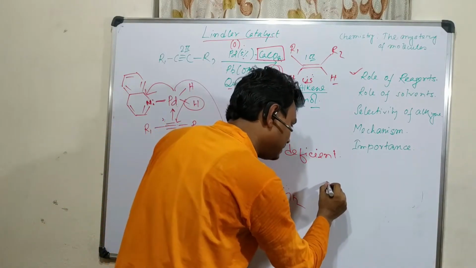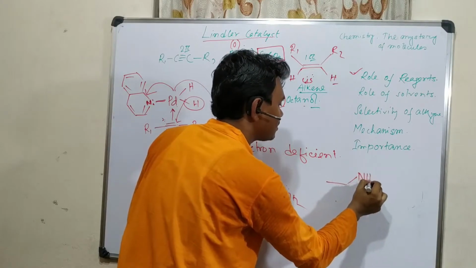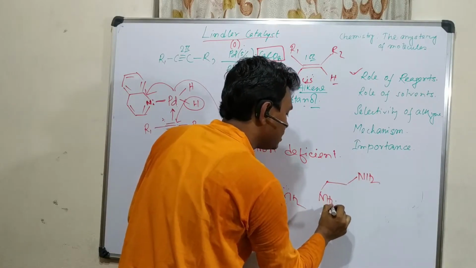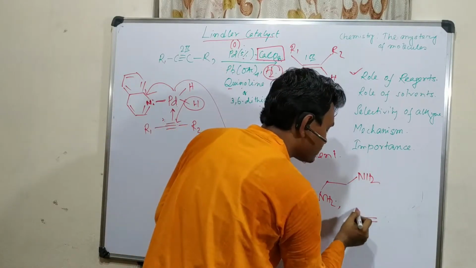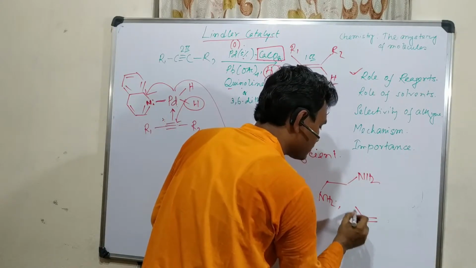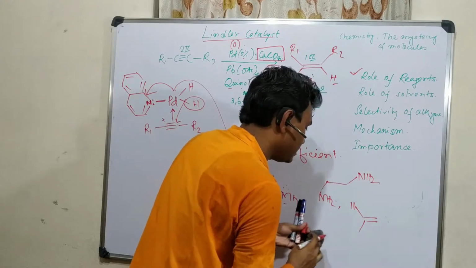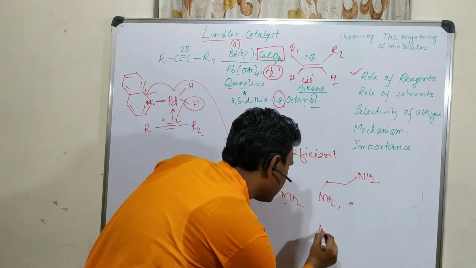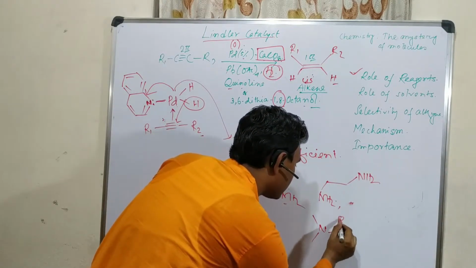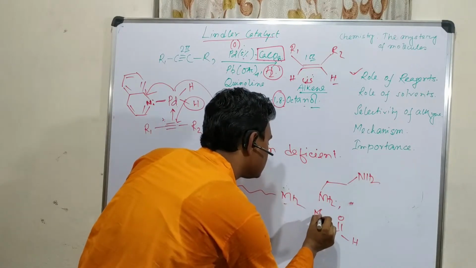For example, ethylene diamine or DMF, N,N-dimethylformamide. Okay, this is methyl.